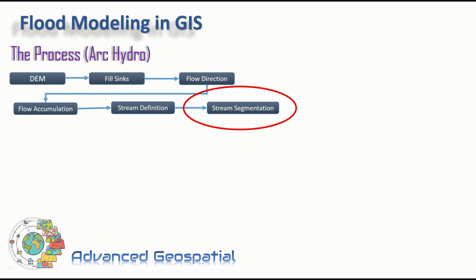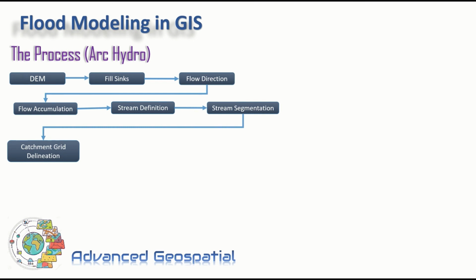There are two methods of stream ordering. One is called Shreve's method and one is called Strahler method. ArcGIS provides these two methods to order the stream segments. After that, we can create the catchment grids. Catchments are the areas where the water is collected.